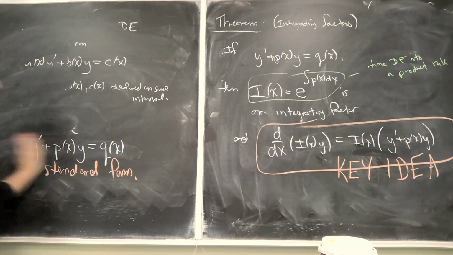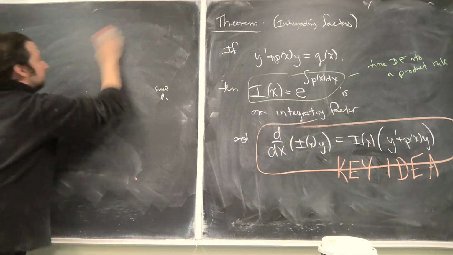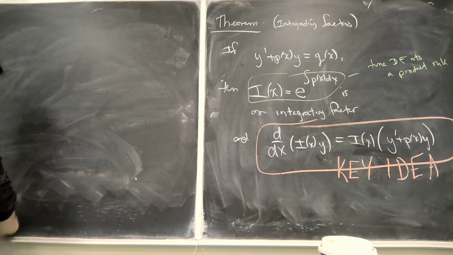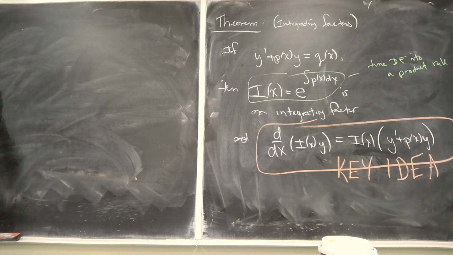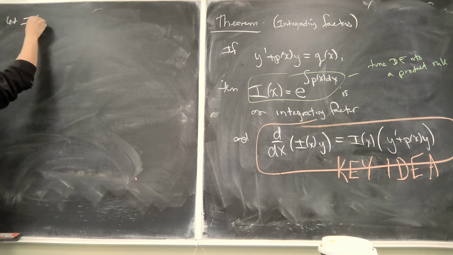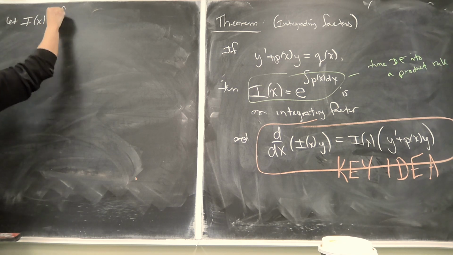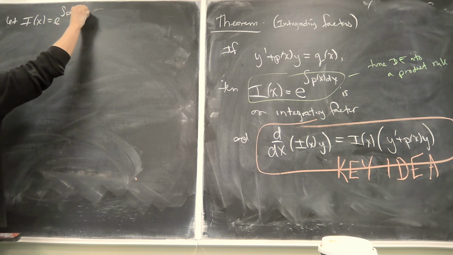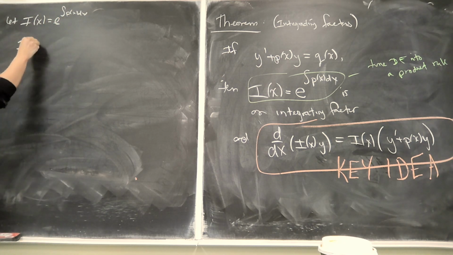All right, so let's write down an example. Or sorry, the proof first, I suppose. So let's actually calculate the derivative. This is a proof, we'll let I of x be equal to e to the integral of p of x dx. What is I prime of x?